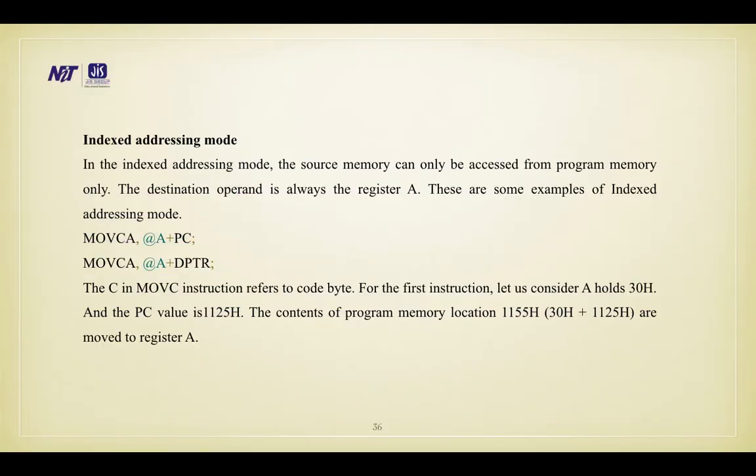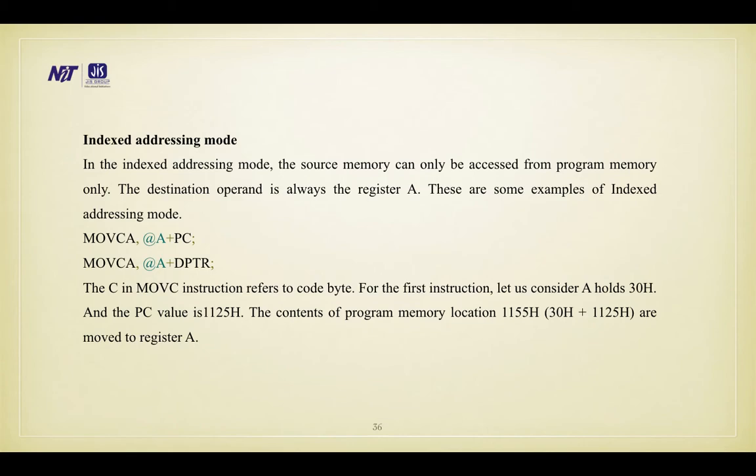Indexed addressing mode. In the indexed addressing mode, the source memory can only be accessed from program memory. The destination operand is always register A. These are some example indexed addressing instructions: MOVC A, @A+PC and MOVC A, @A+DPTR, where the C in the MOVC instruction refers to code byte.